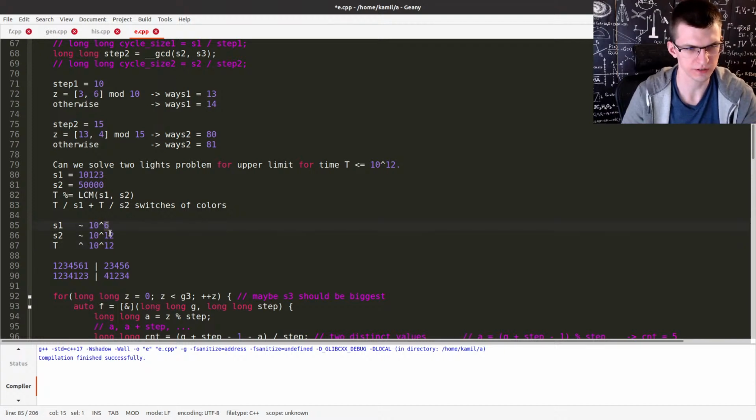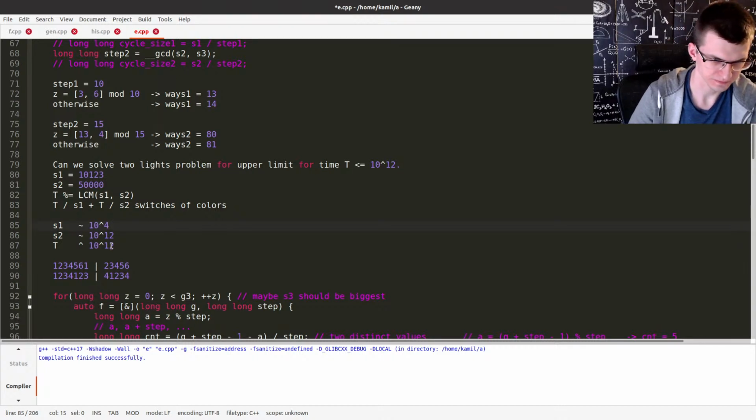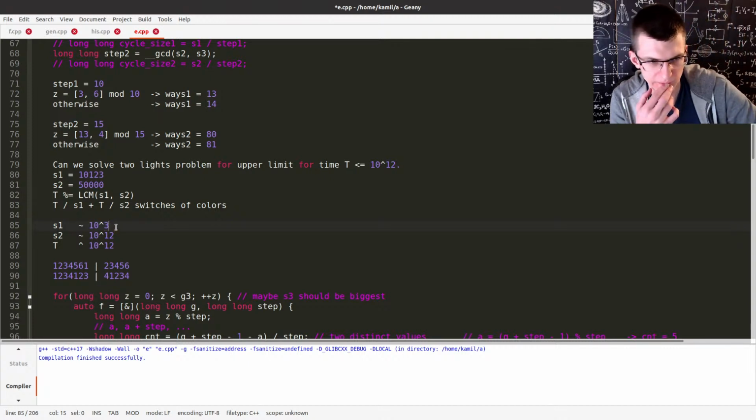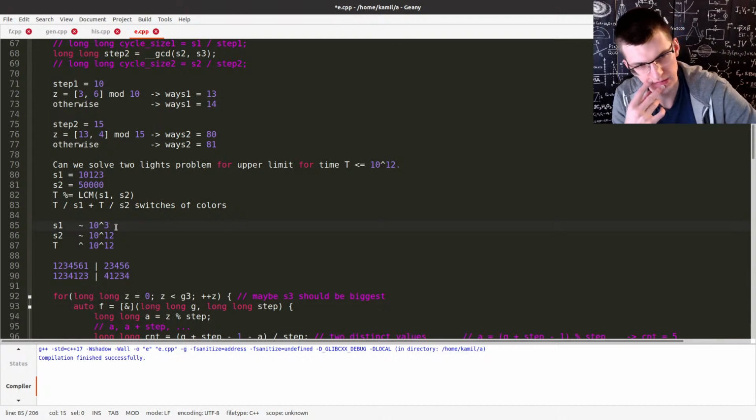S1 needs to be very small, like this. Because, well, we can have t divided by s1 in complexity, that would be fine. But if it's something like that, then remainders modulo that.